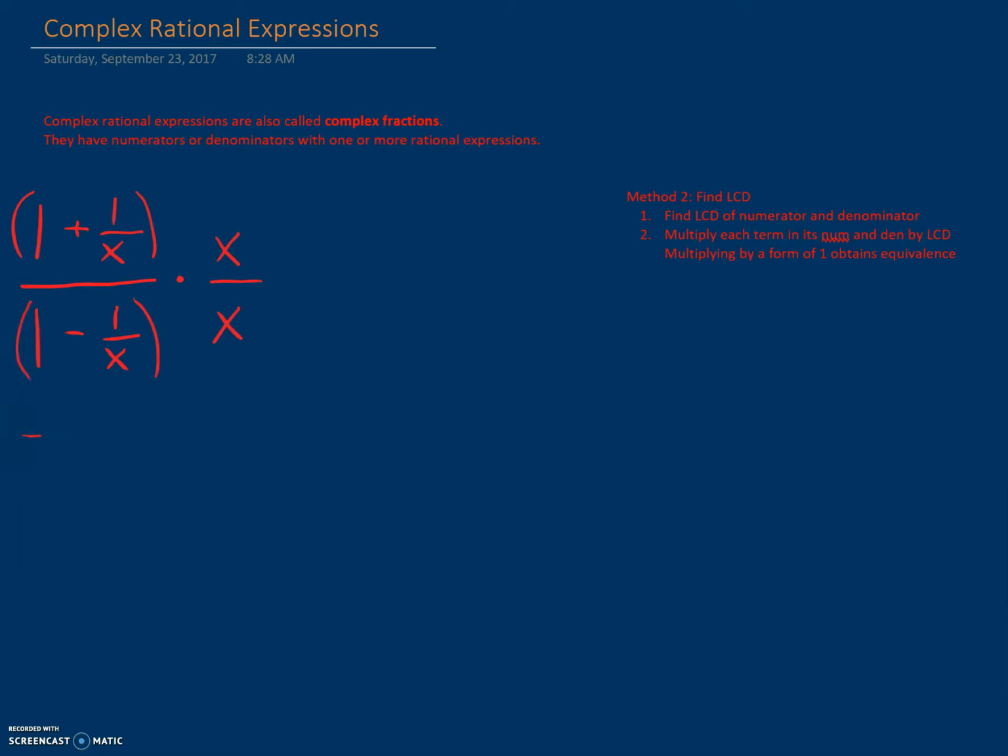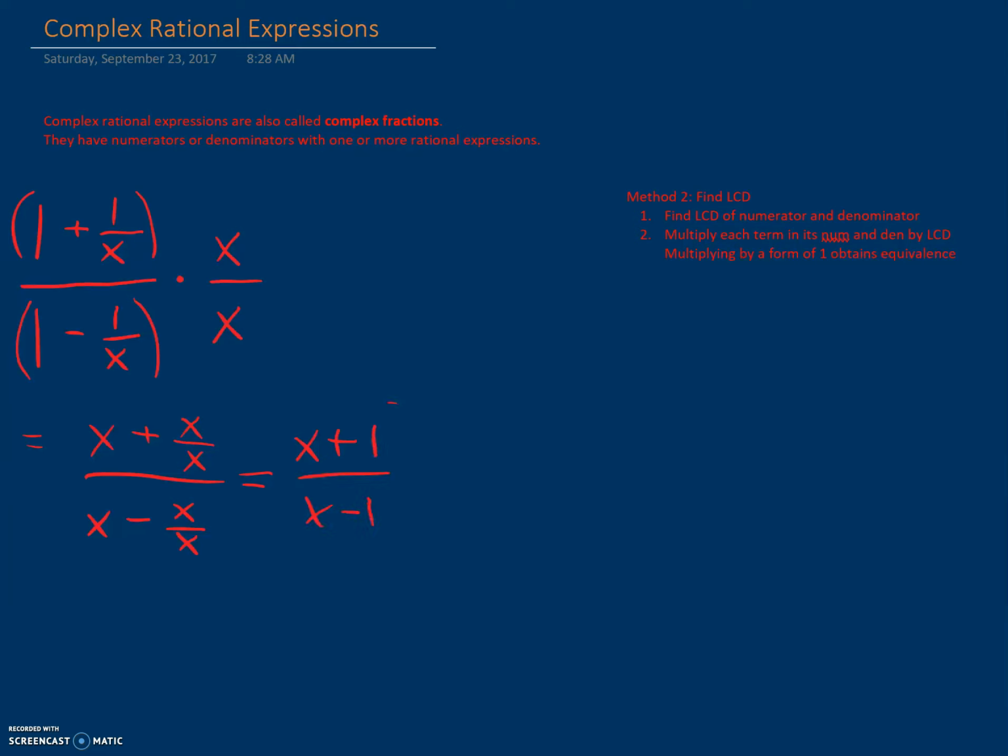So in the top, we are going to get x plus, really, x over x. And in the bottom, we have x minus x over x as our terms. And that's nice because that just gives us x plus 1 over x minus 1.